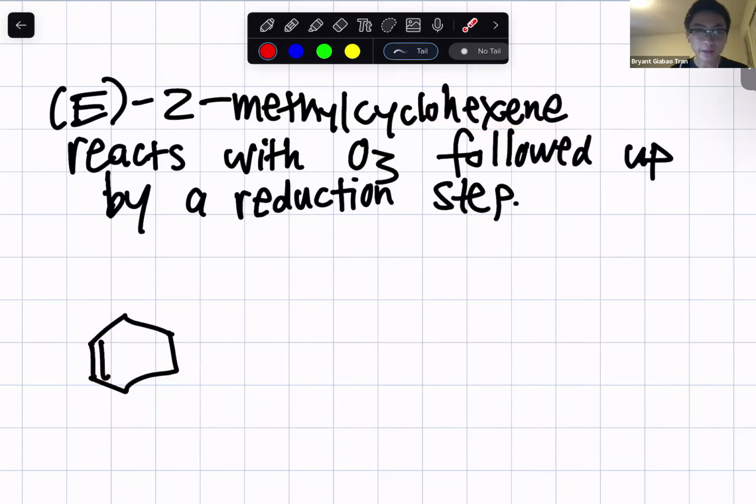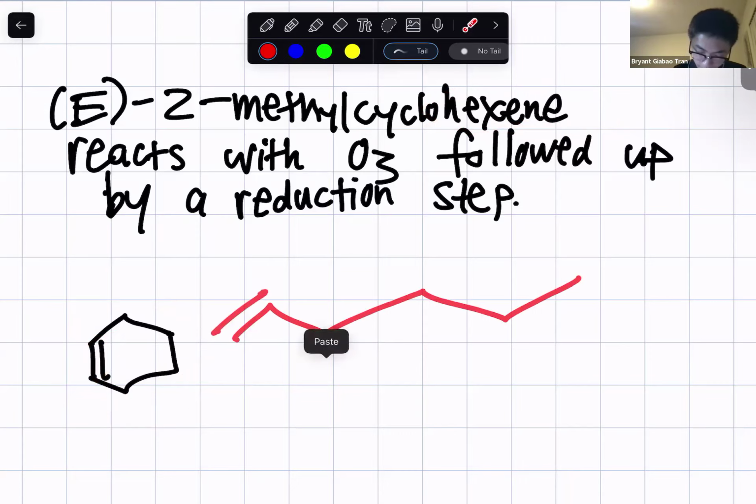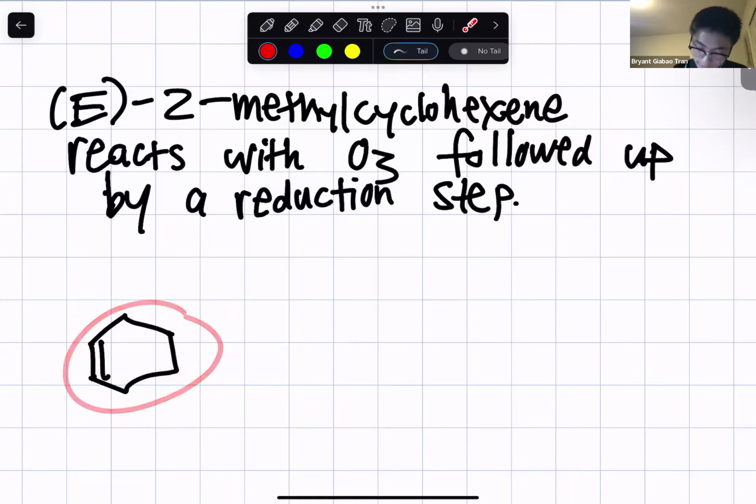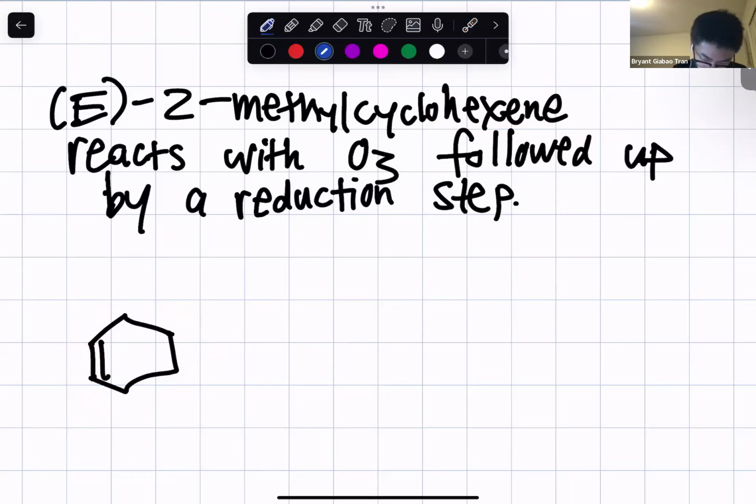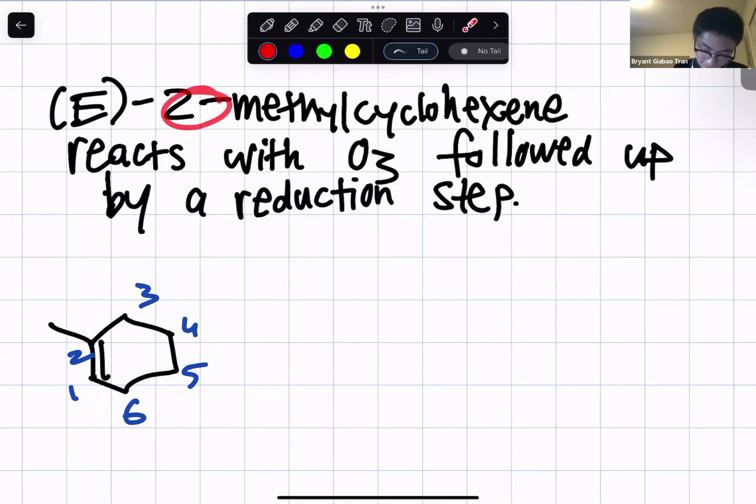That is not optional in open linear chains. Like if it was open, like cyclohexane, then you have to include the 1 right there. But since it's in a ring, that 1 is optional. Let's say this is 1, 2, 3, 4, 5, 6. We also have a methyl group at carbon 2 right here. Okay, ignore the E. That doesn't make sense.